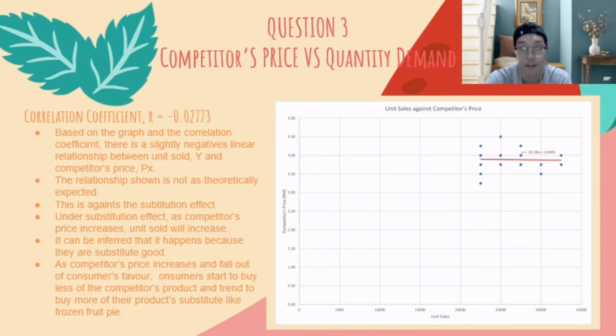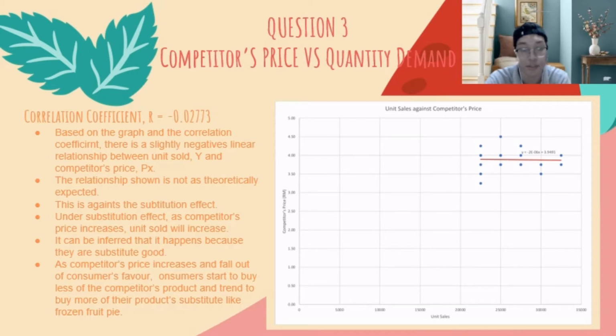Based on this scatter plot, it shows the relationship between competitors' price versus quantity demand. Based on the graph, there is a slightly negative linear relationship between units sold and competitors' price. The relationship shown is not as theoretically expected. This is against the substitution effect.